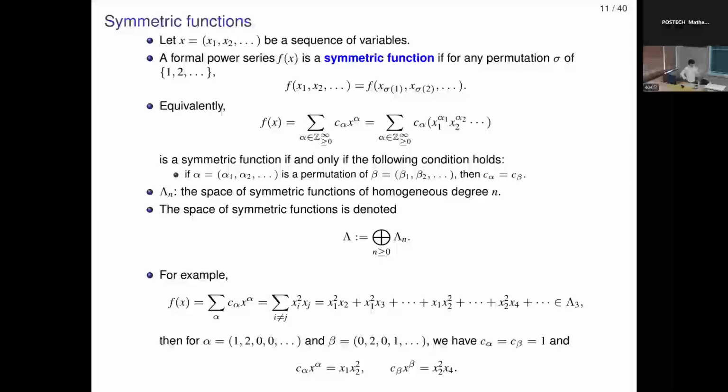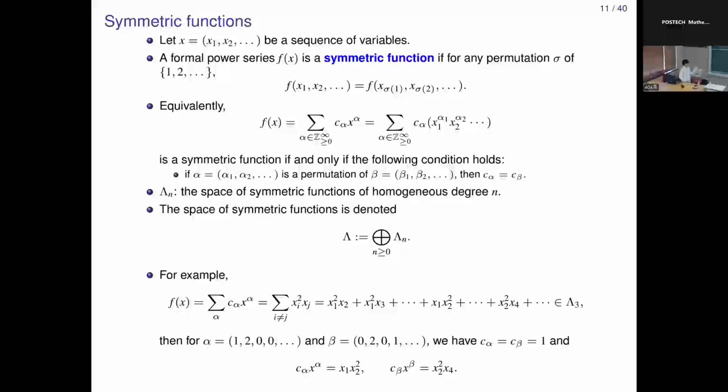The degree means each x_i contributes degree 1. In this case, using this notation, if alpha is this sequence and beta is this sequence, then c alpha is 1. This is a bit hidden, but it means x1 raised to the first power, x2 raised to the second power, like this, and the coefficient is 1, so c alpha is 1.